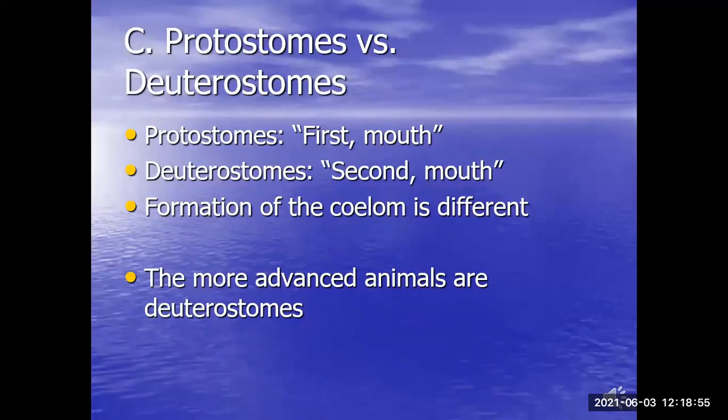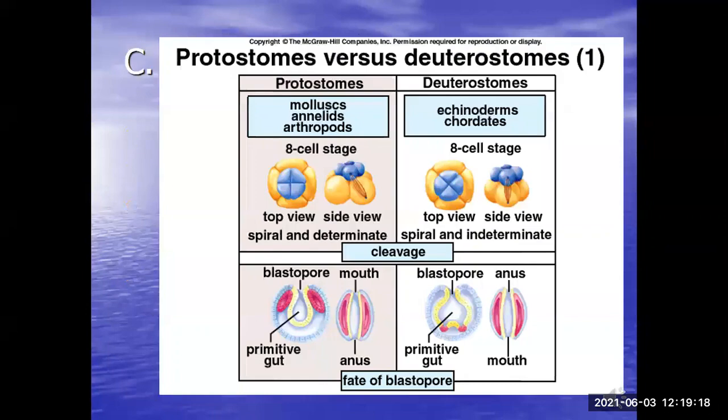Well, where it goes in on itself, for some coelomates, the mouth forms from that. For others, the anus forms from that and the mouth comes later. Okay? Now this seems like an artificial distinction, but it is one that is commonly used.